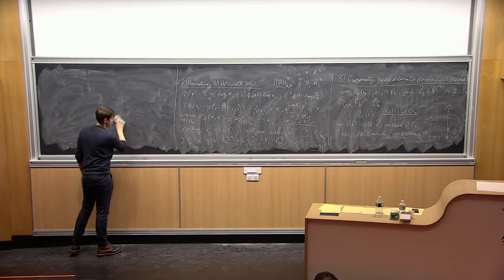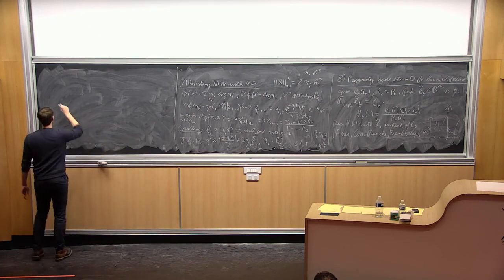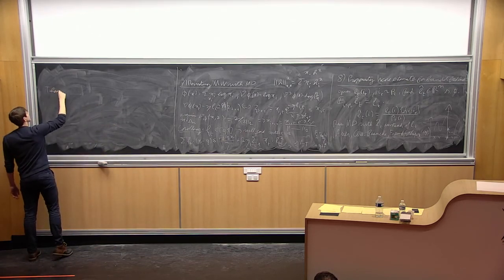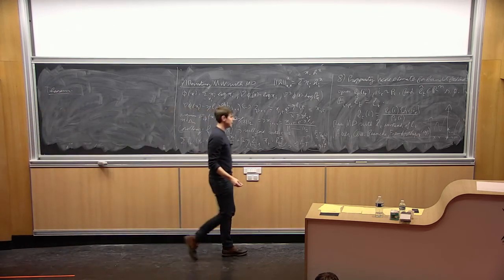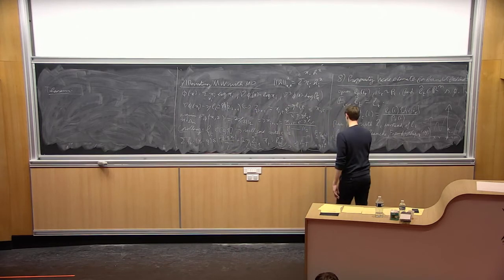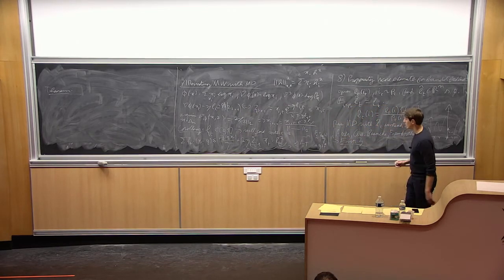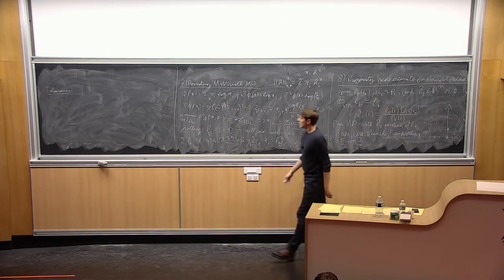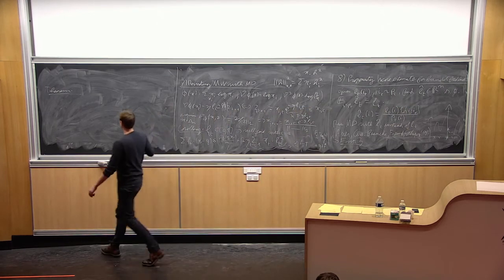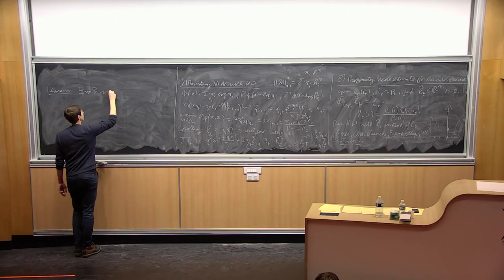So let's do the calculation. So the theorem. This algorithm is called EXP3, for exploration and exploitation with exponential weights. And now I claim that EXP3 verifies the following.